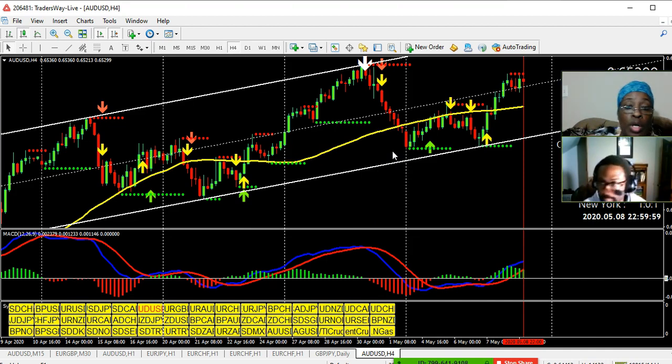But what I'm most interested in is what the active candle is doing. Remember, each candle on the 4 hour chart is 4 hours. So that one candle here, a lot of activity, is 4 hours of activity going on in here. So I want to know where price is here.